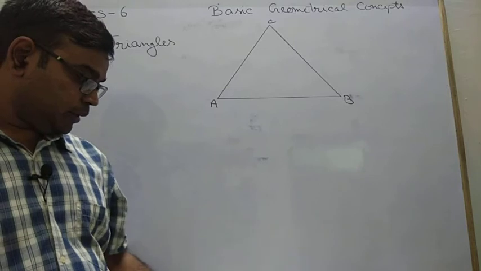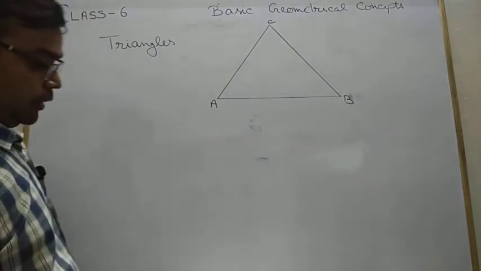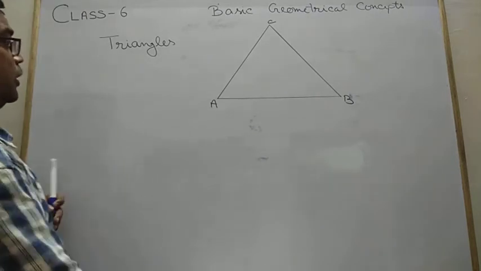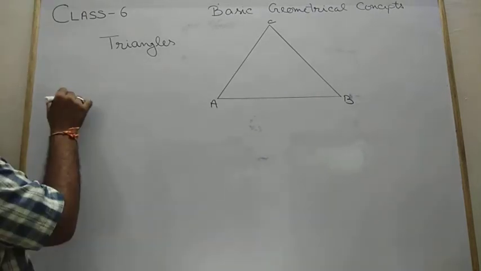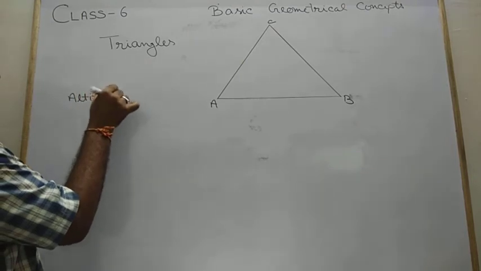Then in a triangle we have different parts. First one is the altitude. So what is the altitude?